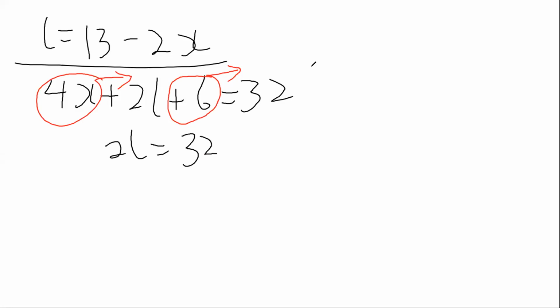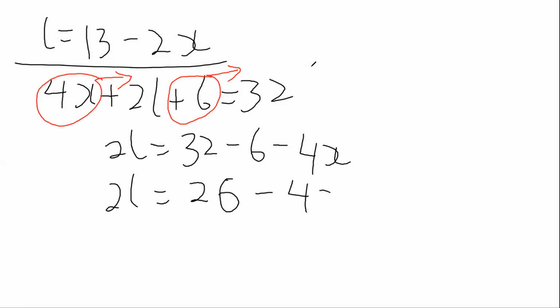When the 6 goes across, it becomes minus 6. And when the 4x goes across, it becomes minus 4x. So 2L is equal to 32, take away 6, which is how much? How much, people? 28? No, 26.